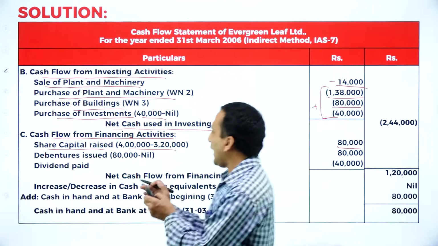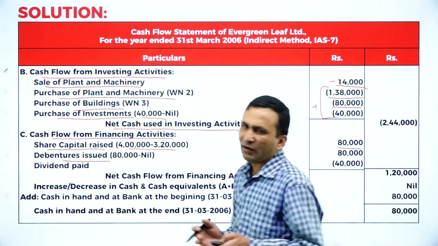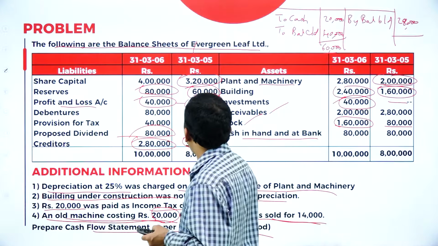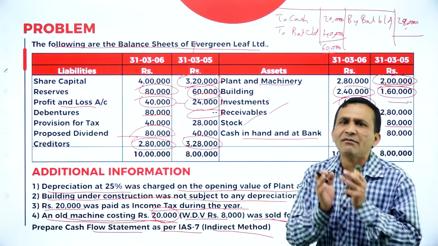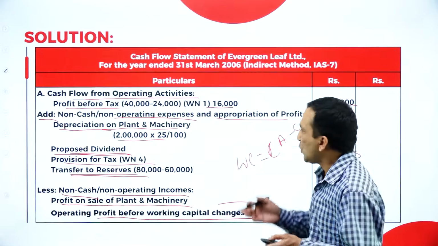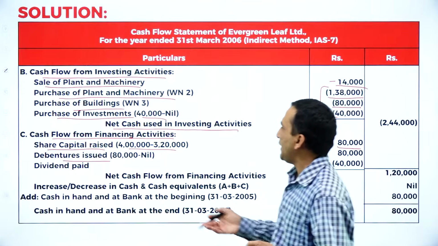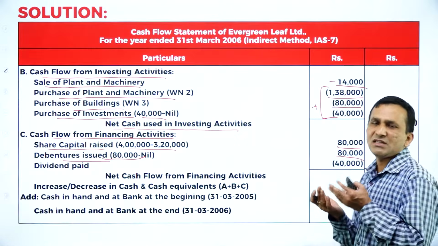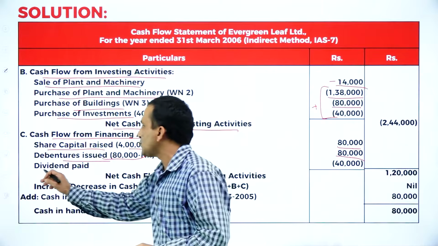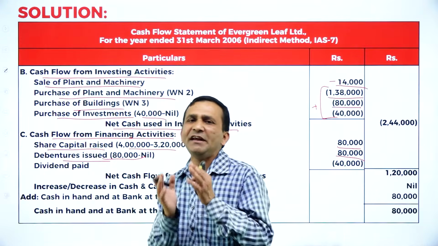Okay, so again the debenture item is also given. Now the debenture opening is nil, closing is 80,000. We have a rise in the debenture, so that's what I need to specify in the financial activity. So 80,000 is coming as an inflow for the business. Okay, and the last one related to financial activity, the dividend we paid.